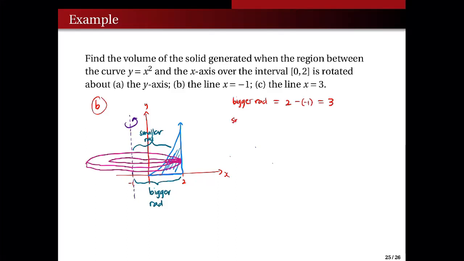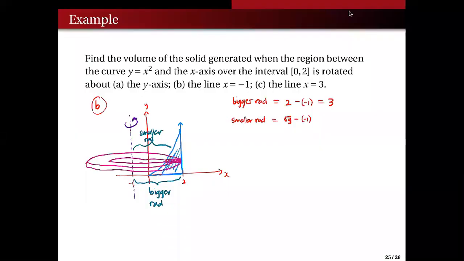And then the smaller radius is from the function going to the axis of revolution, so you will get square root of y minus -1.